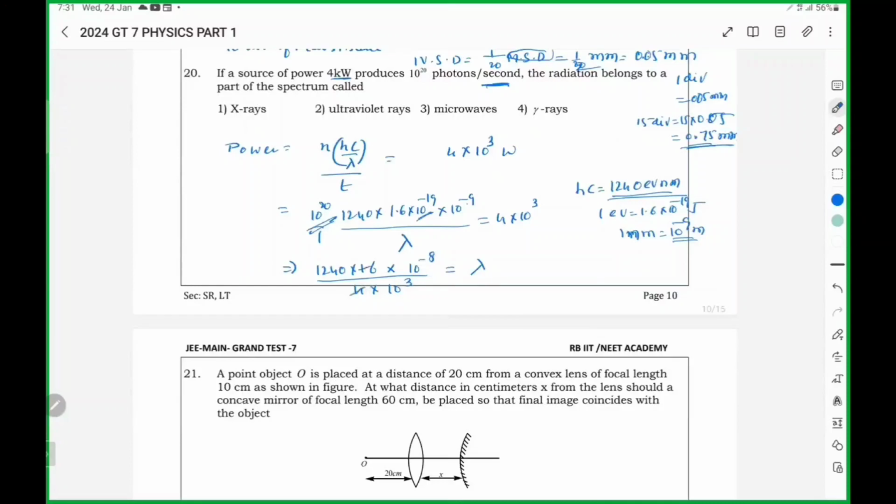So here it is 0.4, 1240 into 0.4, 496 into 10 power minus 11 meters. This region belongs to X-rays.